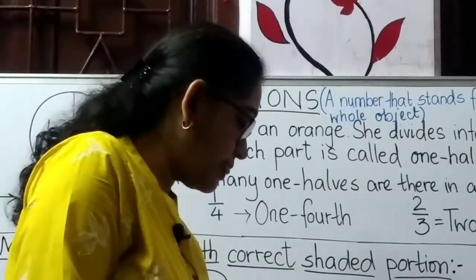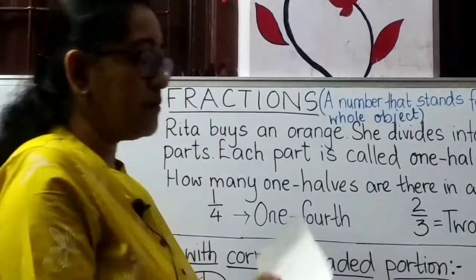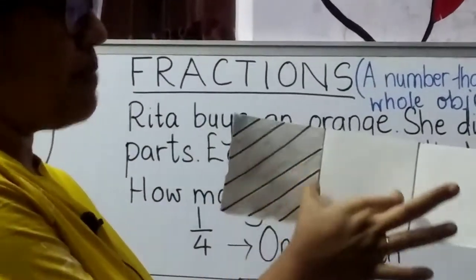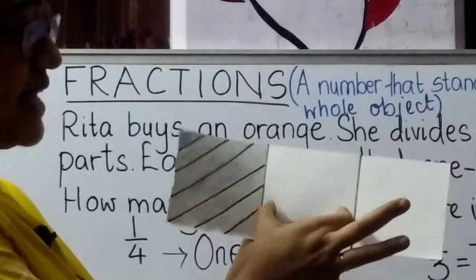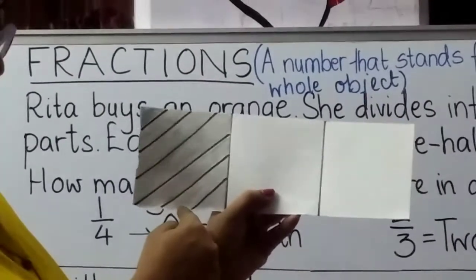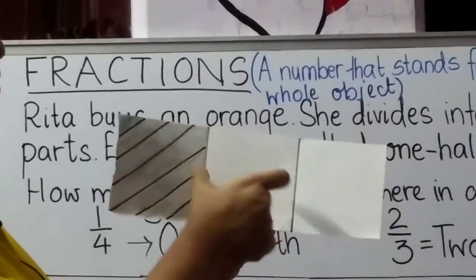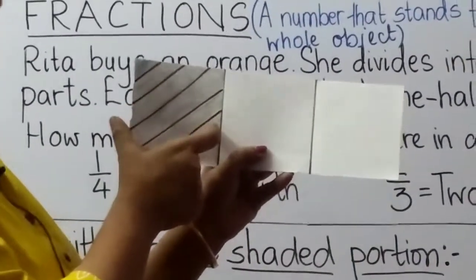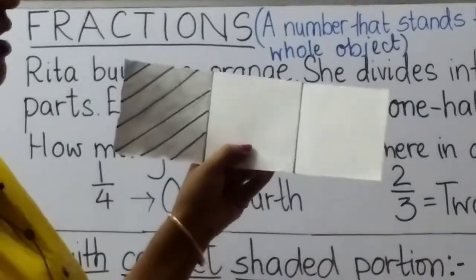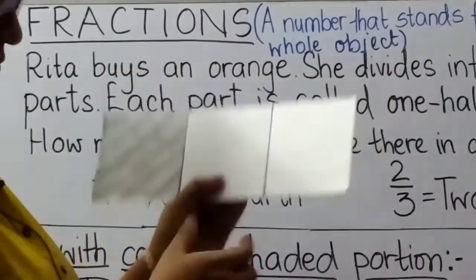Similarly, if we say in this paper there are three parts, first, second, third. One part is shaded. So among three parts, one part is shaded. So it depicts 1/3.